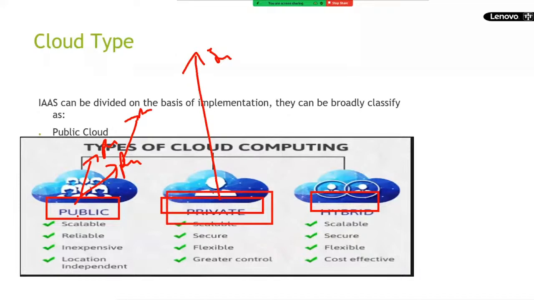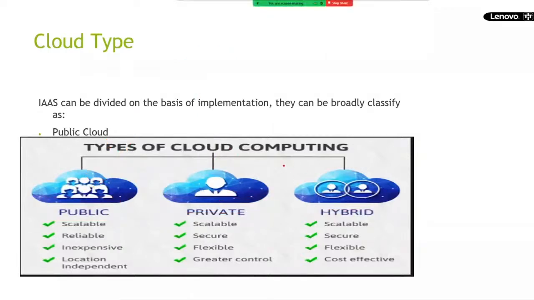Private means, for example, you go to the TCS office and connect to the TCS network. While you are in TCS premises, you will be able to access all the information. Once you come out of that network, you will not be able to access anything, right? That is private cloud. Hybrid is quite a common keyword nowadays.